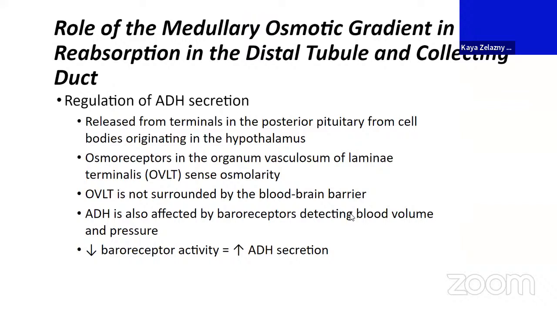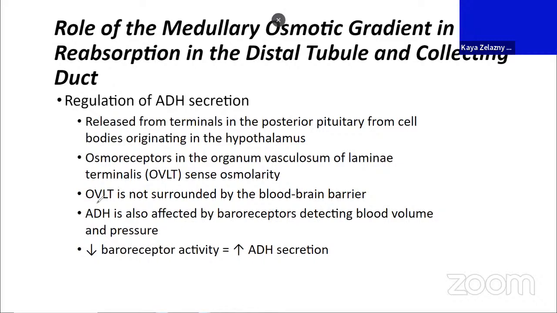So I think the last slide we left off on was thinking about why we have the ADH in the blood in the first place. The answer is basically that your brain has sensors for this stuff. So we have our osmoreceptors in this OVLT region of the brain. It's special. It can sample the blood because it kind of lacks a blood-brain barrier here, which is great because what we're doing is sampling the osmolarity of the blood.